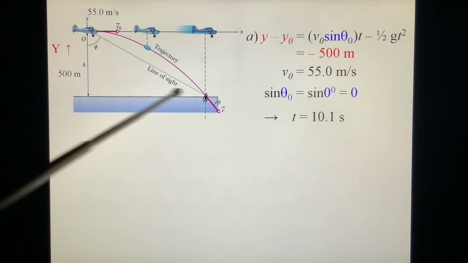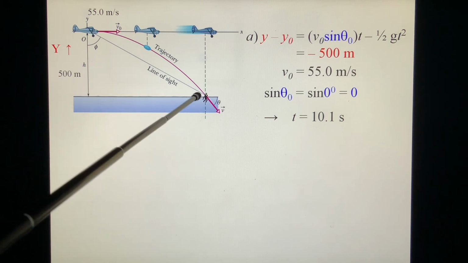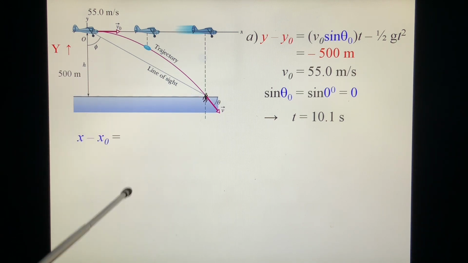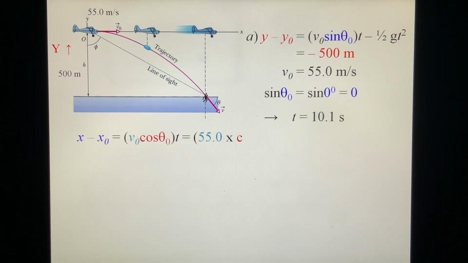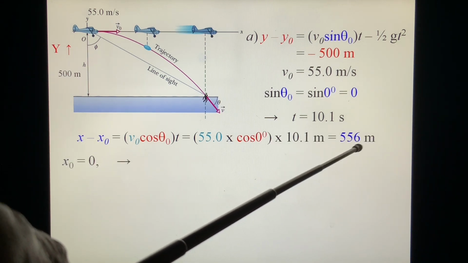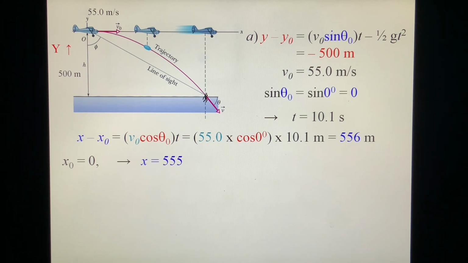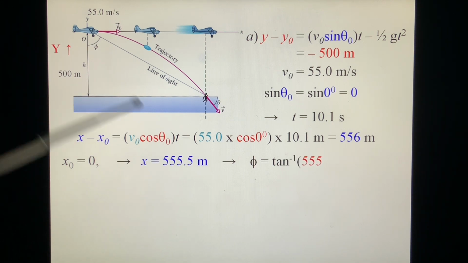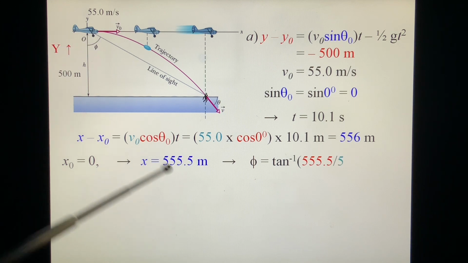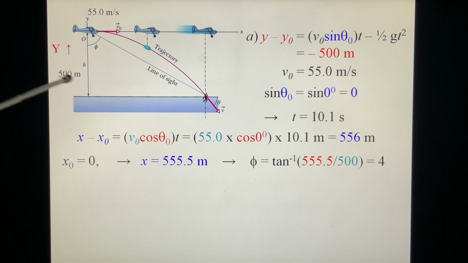Once you have t, we know x equals v0 cosine theta 0 times t, and we get about 555 meters. We take this as reference O, so x0 is 0, and x equals 555.5. And then tangent phi equals 555 over 500, so we get phi of 48 degrees.